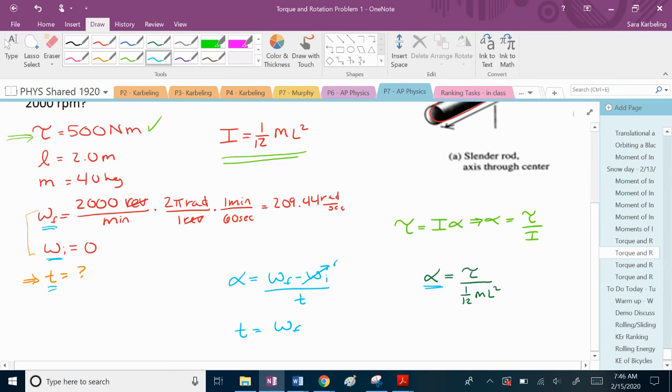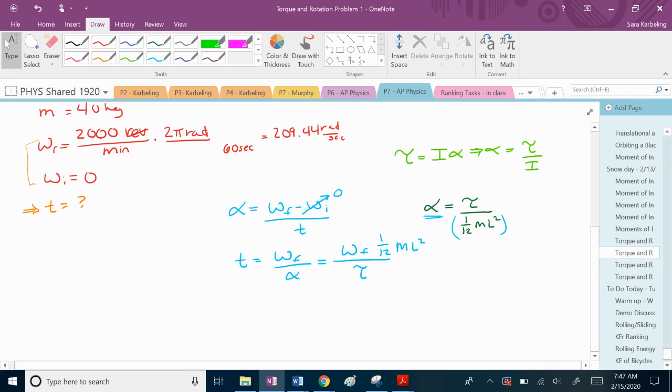So I'm just going to get rid of it, divided by alpha. This is omega final divided by torque, and then this piece here goes up to the numerator. So we've got 1/12 the mass times the length squared.